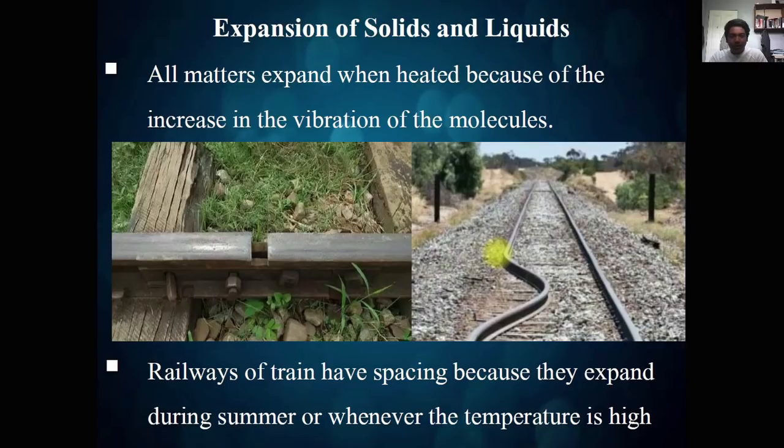Because the railway has nowhere to go, it will twist because of the expansion of the metal if there is no spacing. I would not ride a train on a railway like this, because most probably the train will go out of track when it passes through.